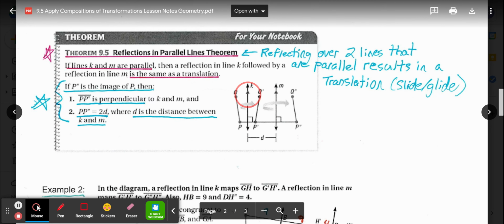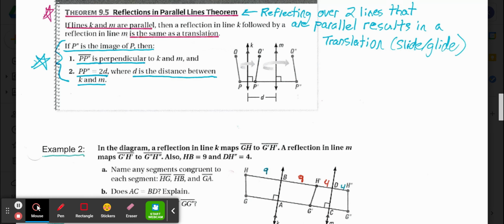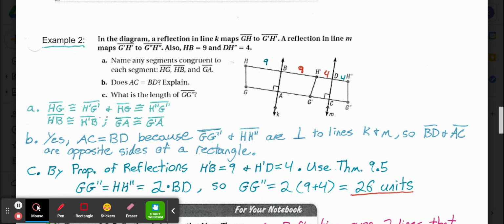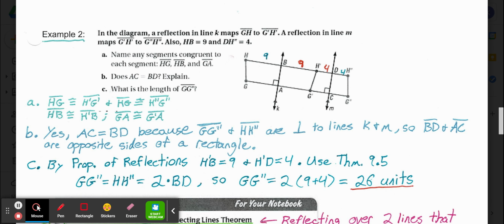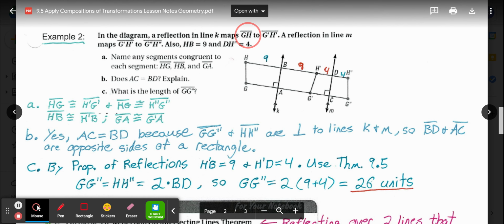So if the distance between K and M was 7, then the distance from our original point P to P double prime would be twice that, or 14. So then we get to example 2 here, which says, in the diagram, a reflection in line K maps segment GH to G prime H prime.